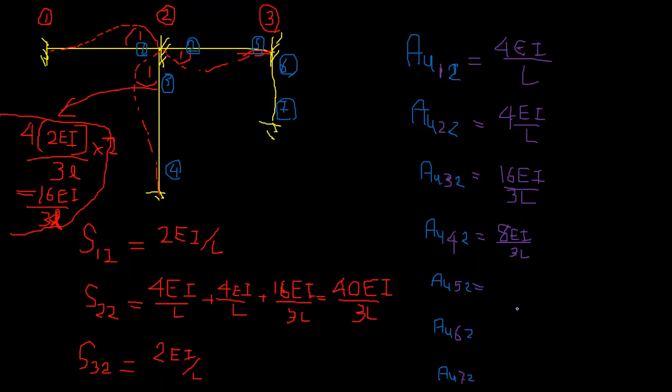So fifth, it's 2 EI over L. Here sixth, nothing happens, 0. Because if you rotate this joint, this joint is not rotated, right? But there will be an induced bending moment at fifth. That's why you got this value, right?